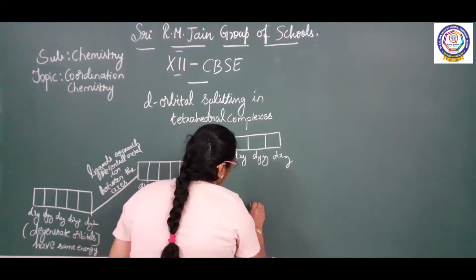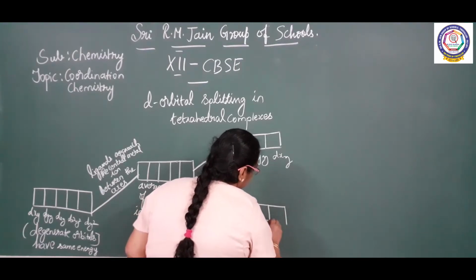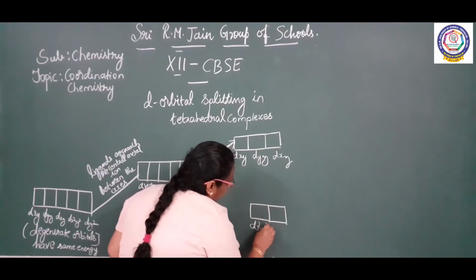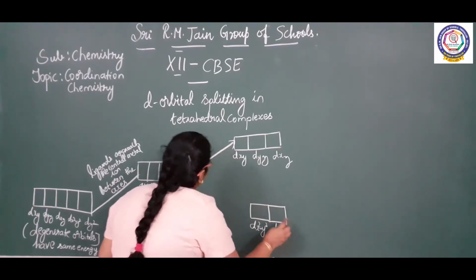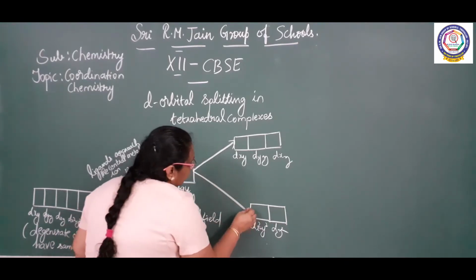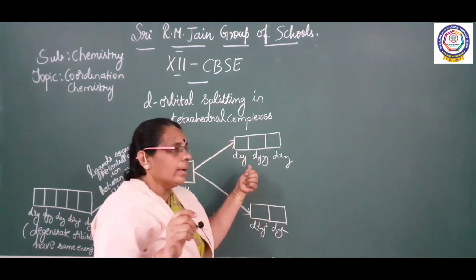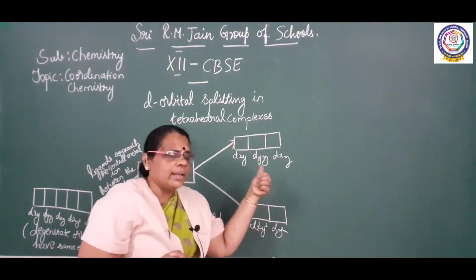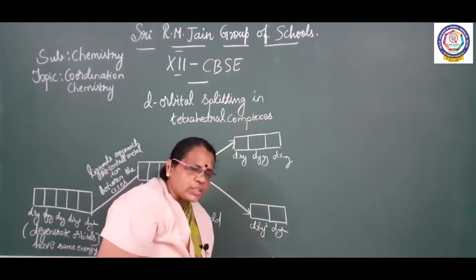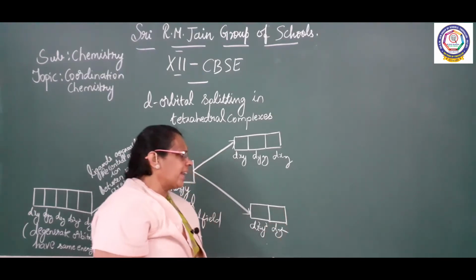Whereas dx square minus y square and dz square will be towards the lower energy level. So out of the 5 d orbitals, dxy, dyz and dxz are raised to the higher energy level, whereas dx square minus y square and dz square are at the lower energy level.